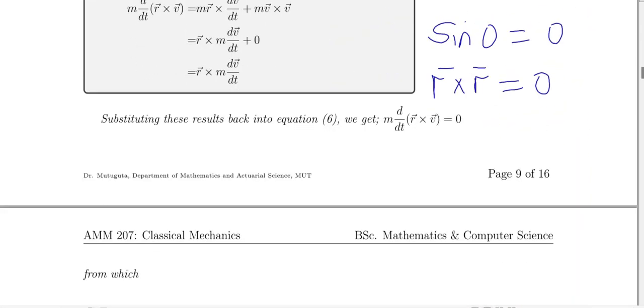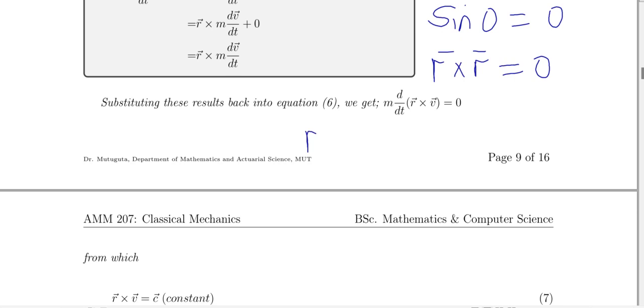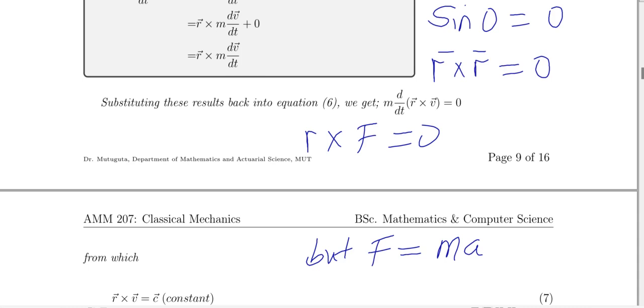And now we end up with the expression r cross f equals 0. But we know that f can be obtained as mass times the acceleration, which is Newton's second law of motion, or we can write mass times the time rate of change of the velocity, because the acceleration is defined as the time rate of change of the velocity.